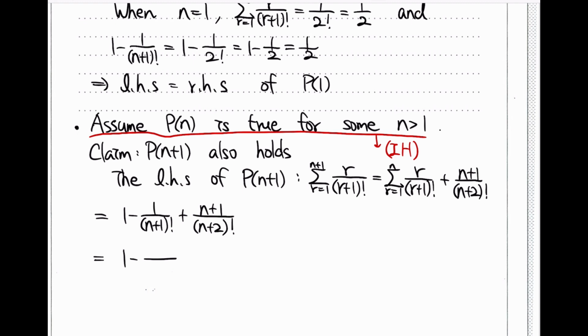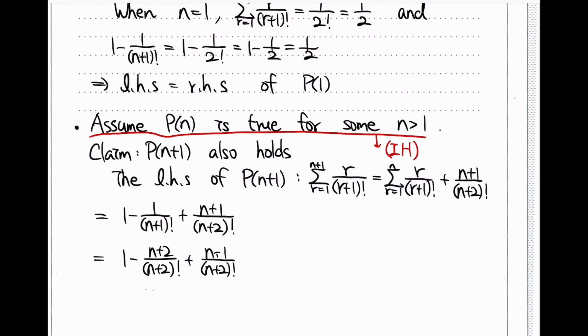I think (n plus 2) factorial will be a good choice. So in order to have the common denominator, let's multiply n plus 2 to the denominator and the numerator of the second term. Then we will get (n plus 2) over (n plus 2) factorial for the second term, and then plus the last term. We don't have to change the last term because its denominator is already (n plus 2) factorial.